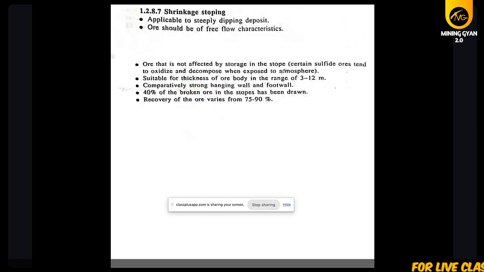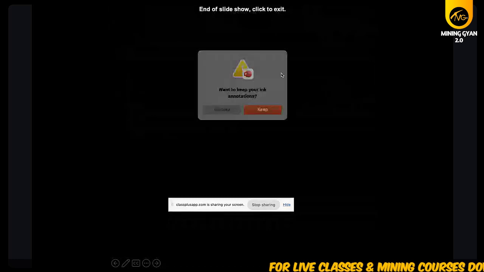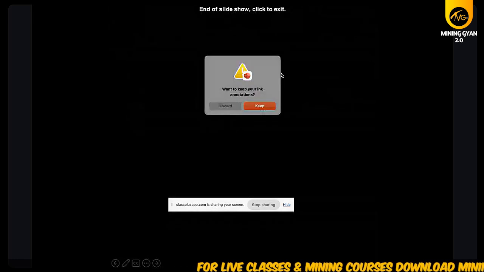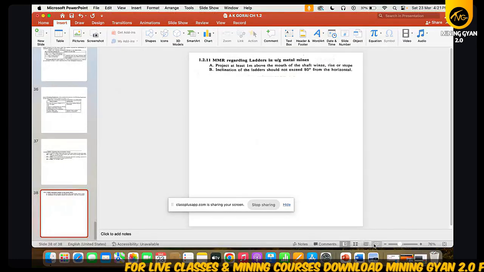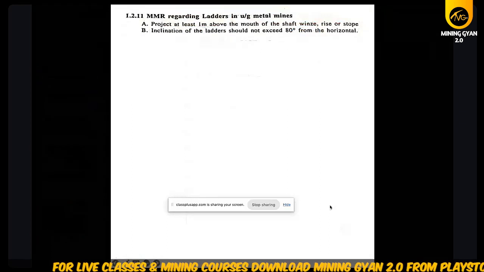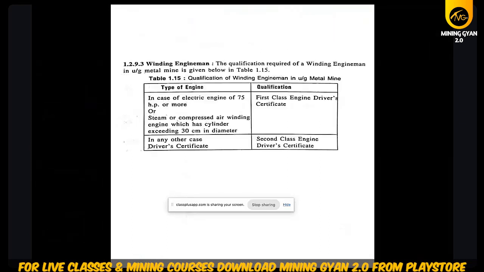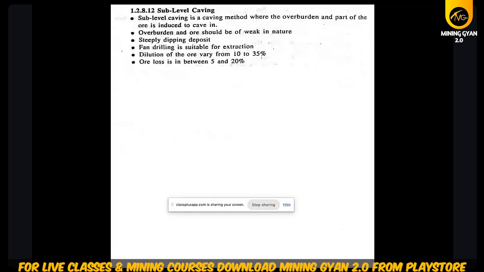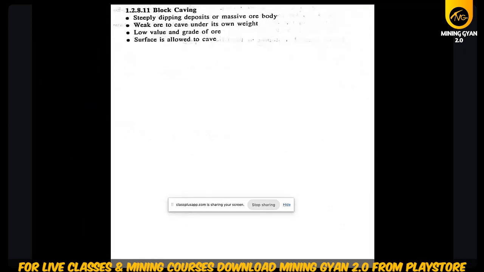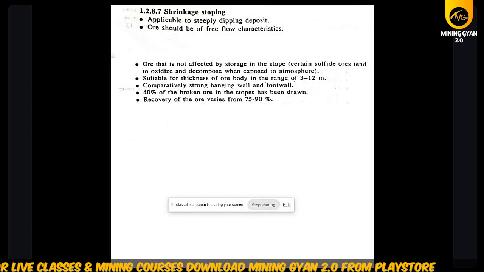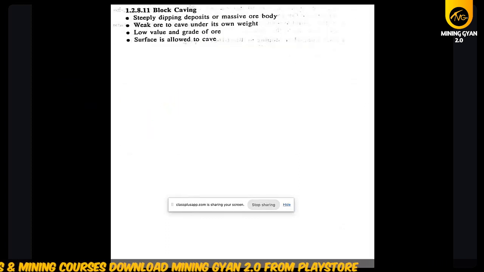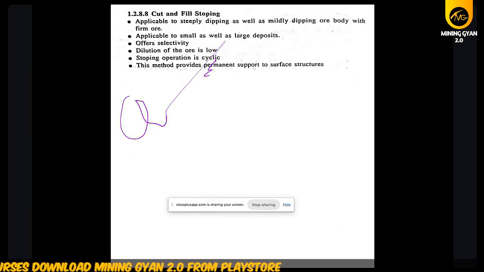Now come to the shrinkage stoping. What is the shrinkage method? Only 4 to 5 slides, so I will discuss the shrinkage stoping. Then tomorrow only 4 to 5 slides, and then we will discuss your questions. Okay, shrinkage and block caving we have to discuss. Which method should we start first?